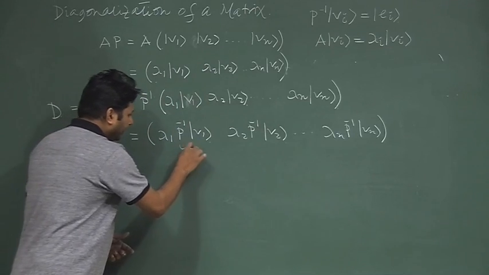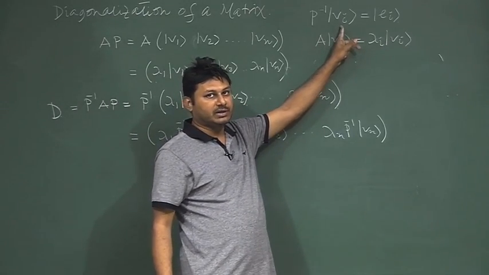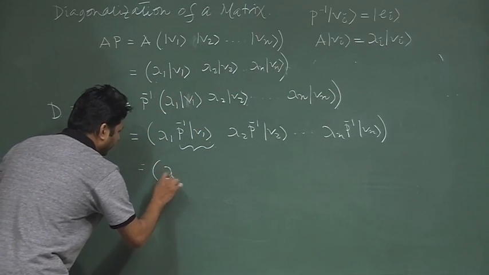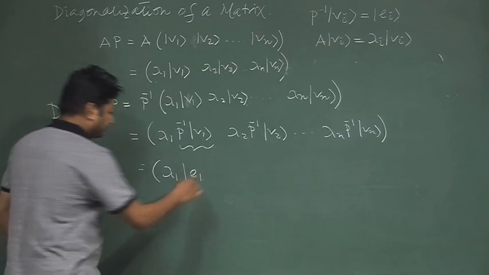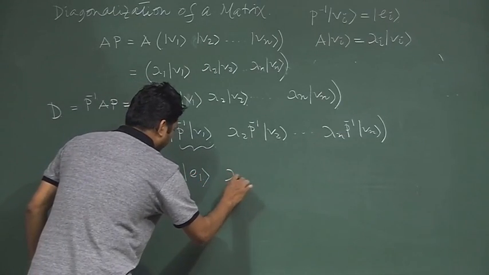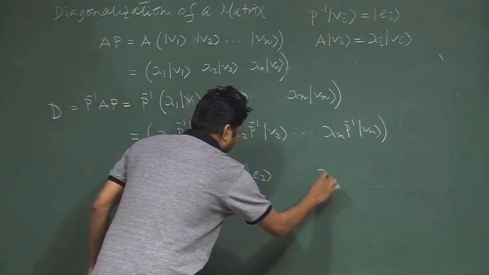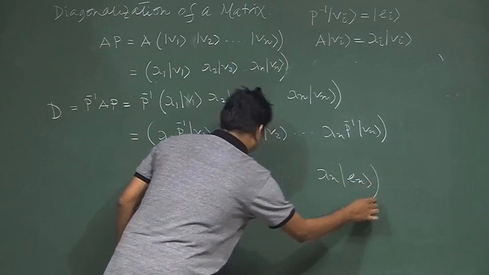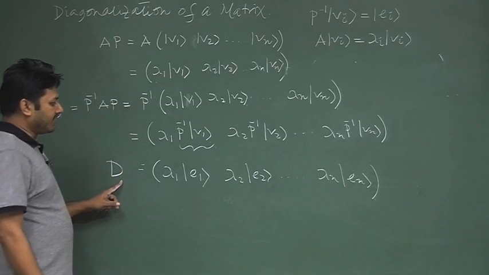Now this quantity I already figured out earlier, so I will just replace it. So it will be lambda 1 E1, lambda 2 E2, lambda n En. According to my notation, this is the D matrix.